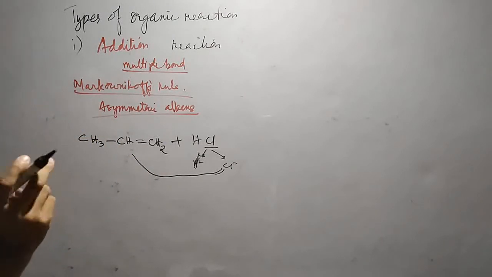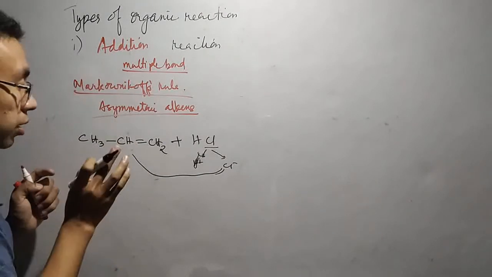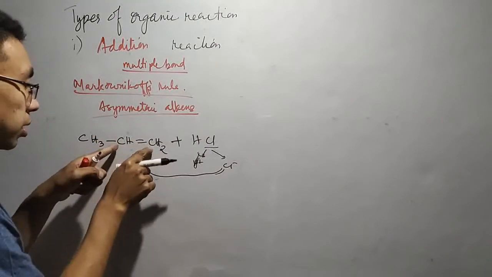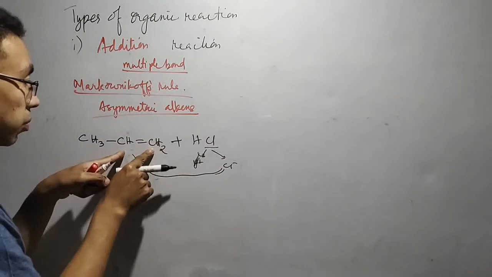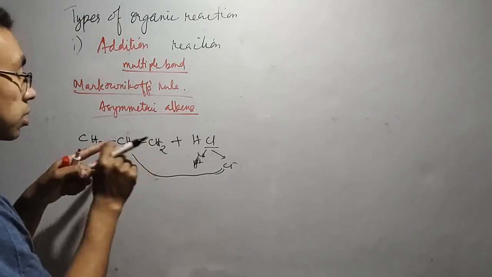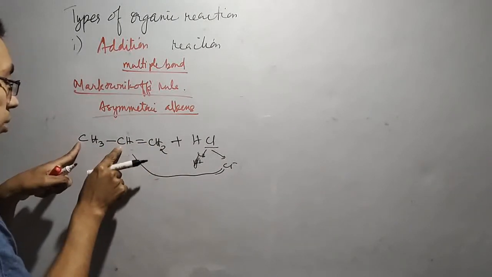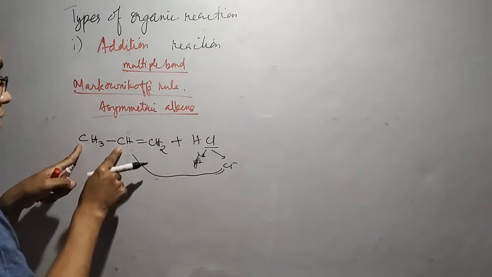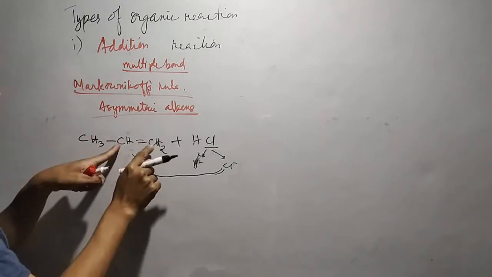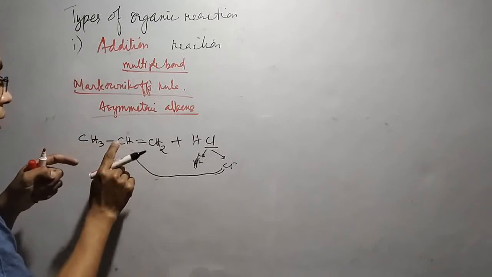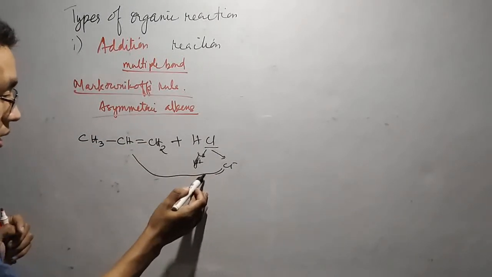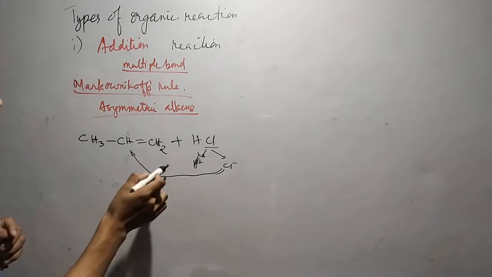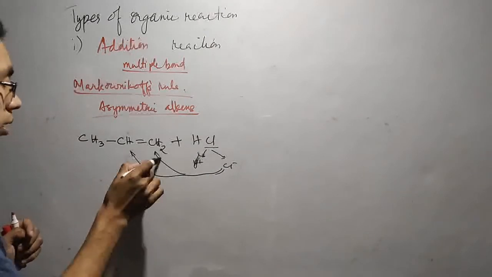What happens in Markovnikov's rule is that the negative charge, the attacking reagent, will attach to a carbon atom. But just wait. In addition reaction, the addition will take place between these two carbons, because between them there is a double bond, but not on the other carbon, because there is no double bond. Now this chlorine ion can either get attached here, or it can also get attached here.